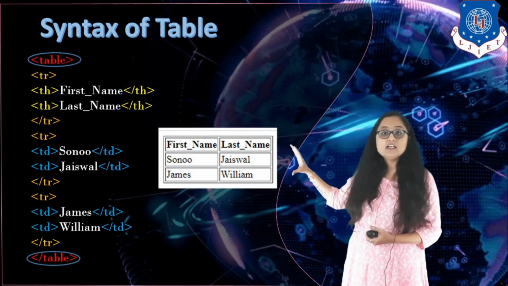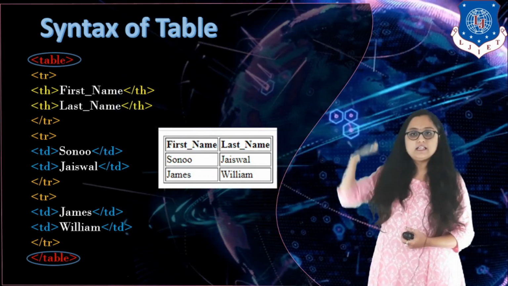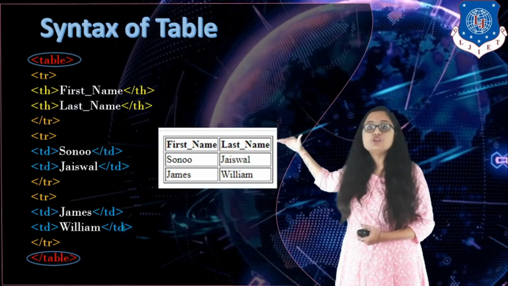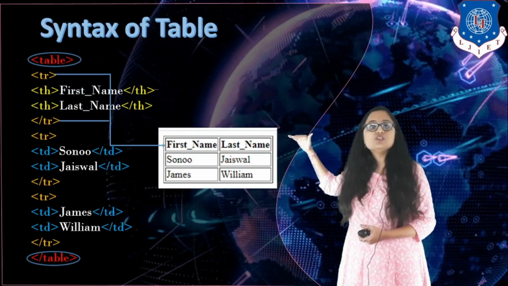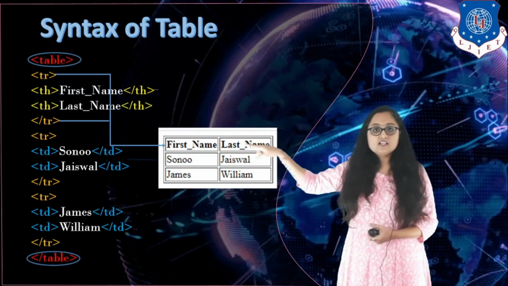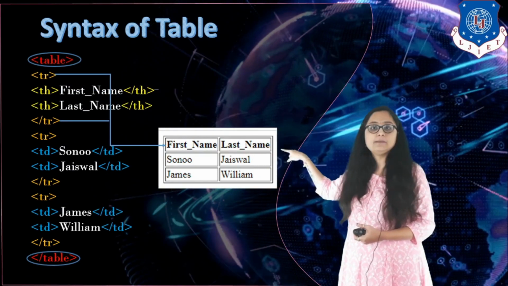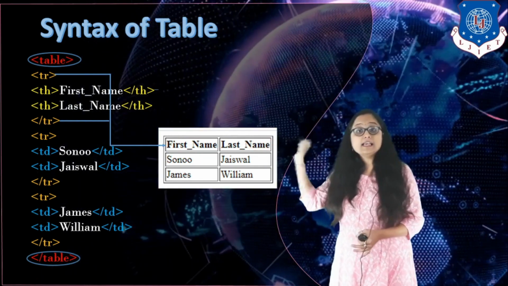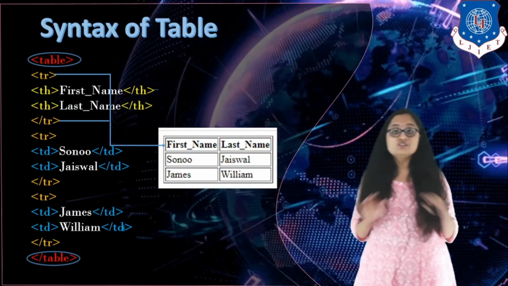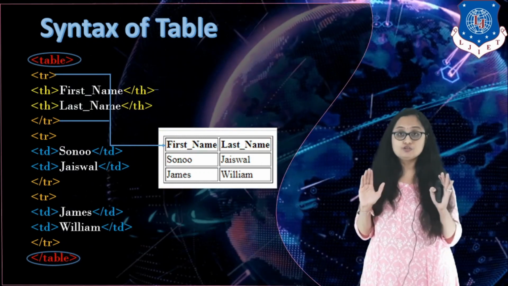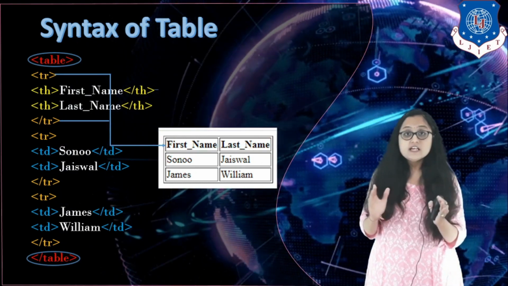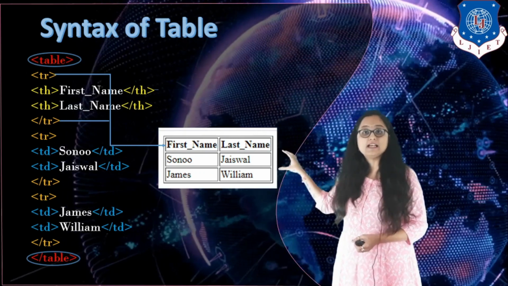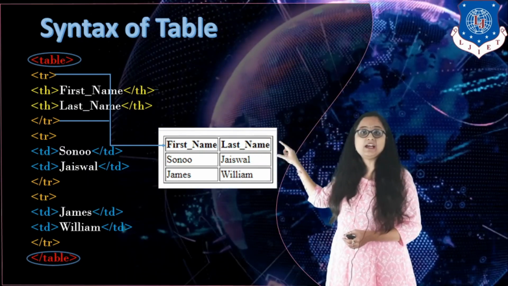The next thing, after writing the parent table tag, you have to decide what the first row is. So you have to write the first TR. Okay, so this is the first TR. This first name, last name consists of the first TR. But the data inside this first row is not written directly inside a TR. So get this very clear that if you are starting TR and if you are ending TR, you cannot directly write this first name and last name.